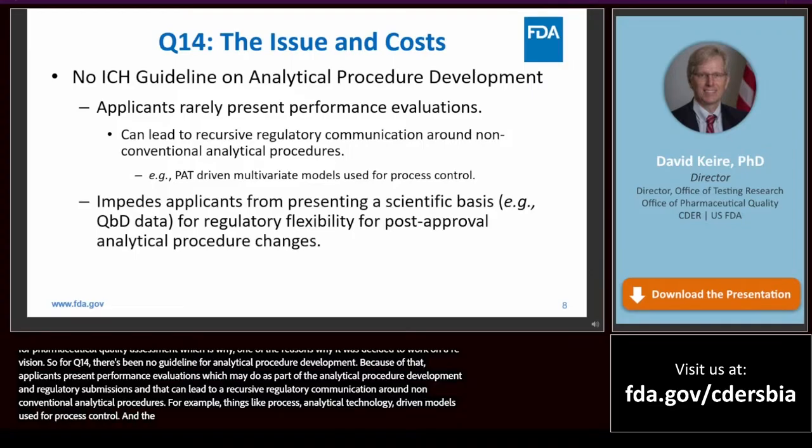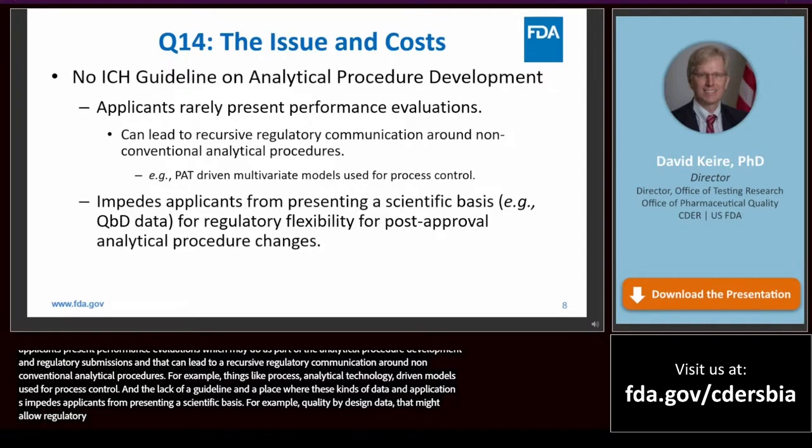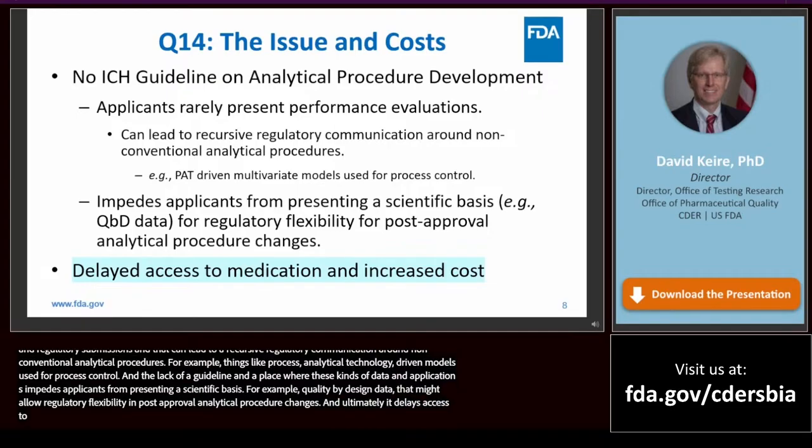The lack of a guideline and a place for these kinds of data in an application impedes applicants from presenting a scientific basis, for example, quality by design data that might allow regulatory flexibility in post-approval analytical procedure changes. And ultimately, this delays access to medication and increases costs.